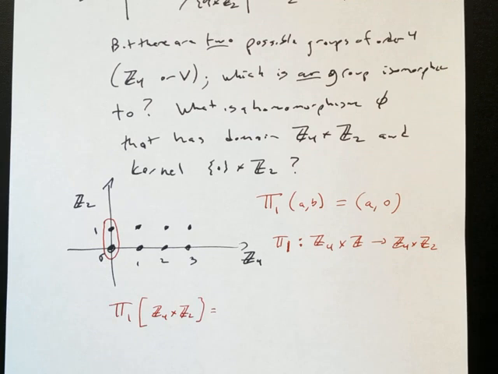What's the precise definition of an image again? It's the collection of things in the codomain that are hit by something in the domain. Gotcha. So I want you to do this pi 1 map to every one of these dots and tell me what dots you get as answers. It'd be like Z4 and then 0.